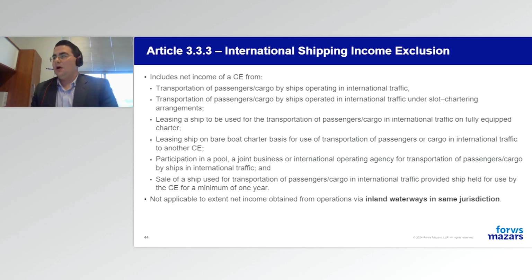If you have someone moving cargo on the Rhine from Cologne to the Frankfurt area, that income itself does not qualify as international shipping income exclusion because it's intra-jurisdiction. You're really looking at whether the cargo leaves Germany to a different country through the same waterway.